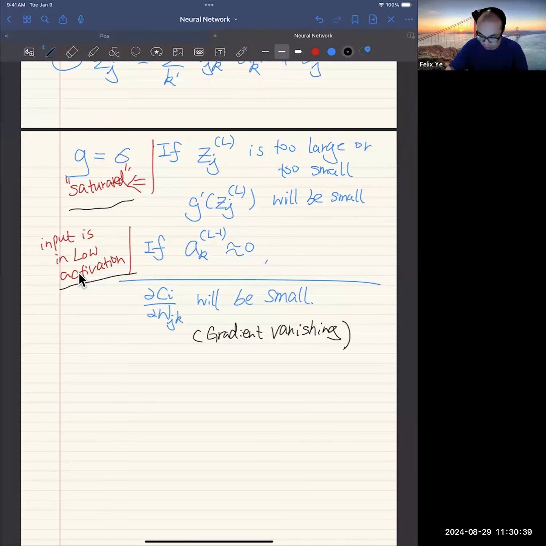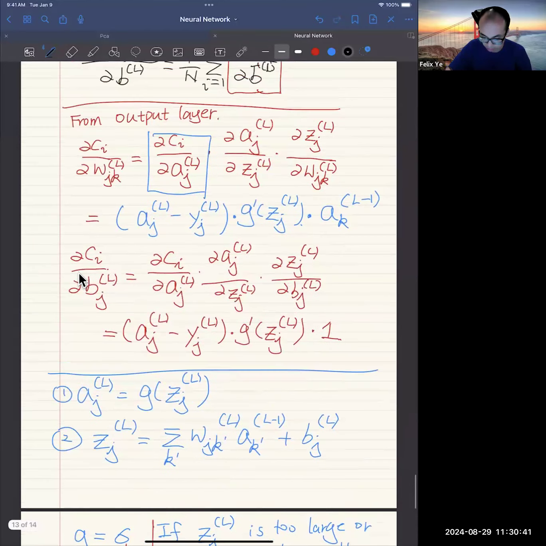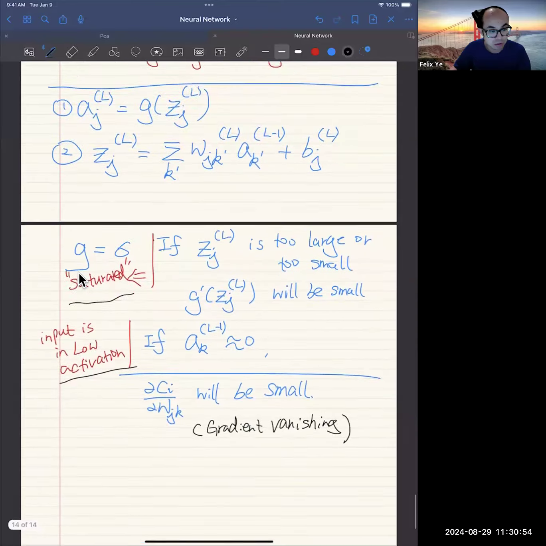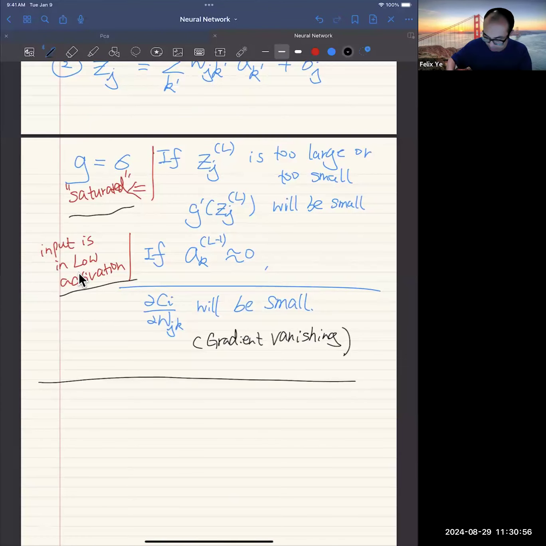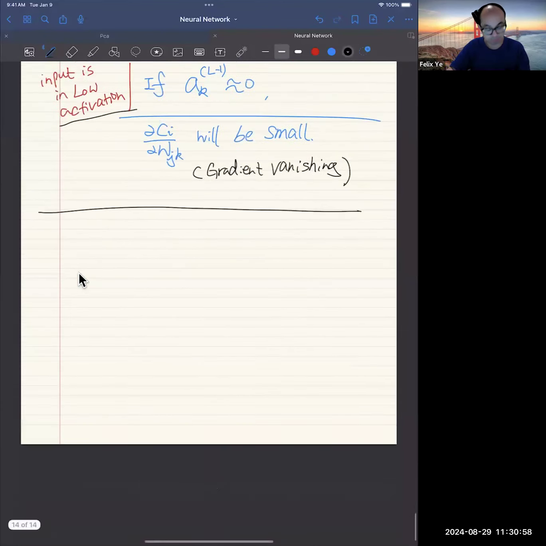All right, so let's go back to the gradient part right here. Here we wrote all my gradient in terms of coordinates. But the beauty of mathematics is that everything can be vectorized. So we can vectorize the gradient.